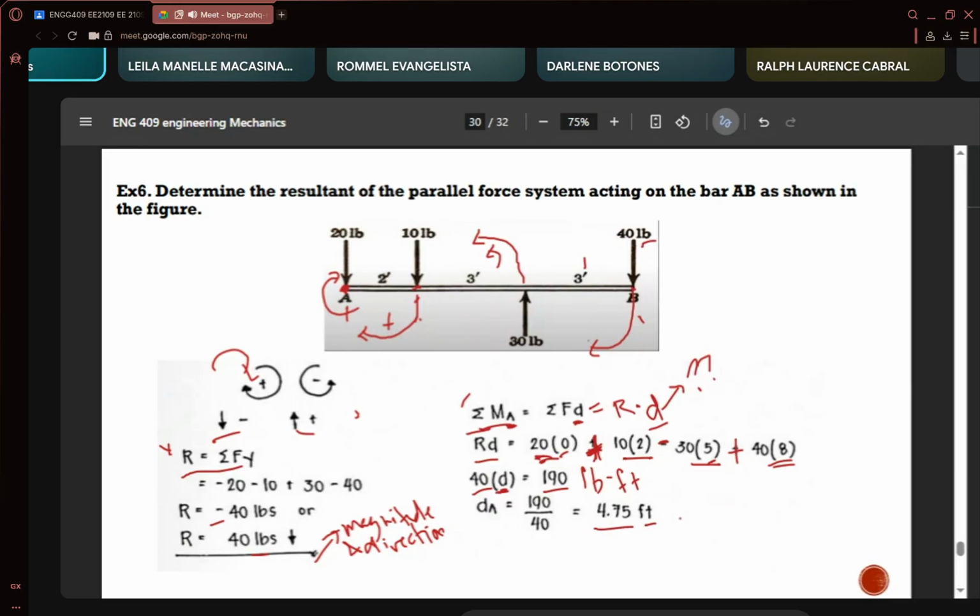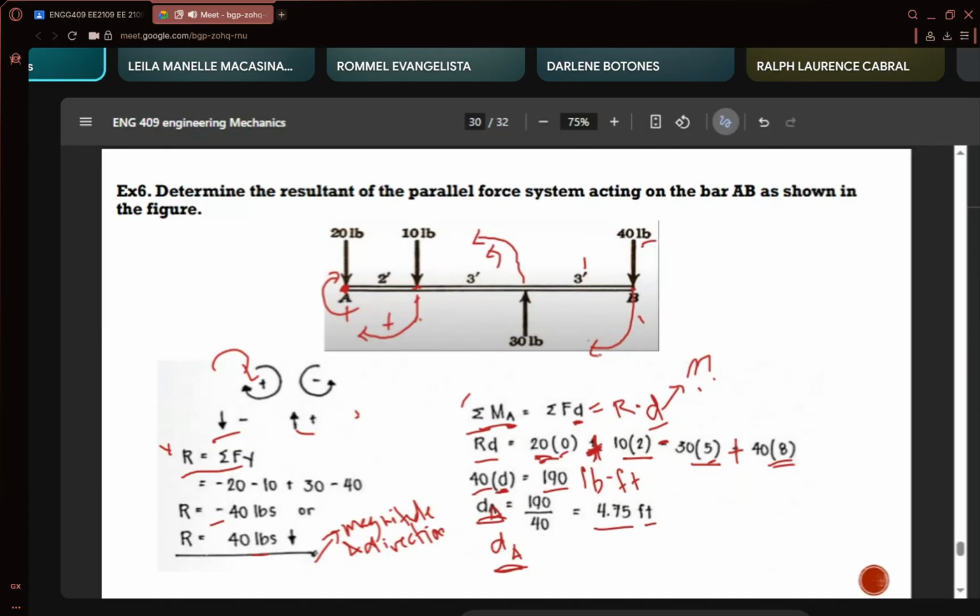No need to include "from point A" because you just need to label it as D sub A, meaning that is the distance from A. So no need to include any more words here. Just 4.75 feet, but make sure your designation is D sub A. If it's only D, I might get confused where you computed this. You might have referenced this from B.